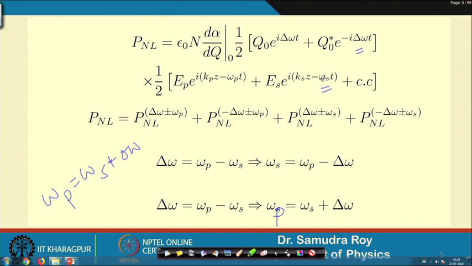And here if I multiply this to this, then I will have a frequency component. So, I need to have a plus sign. So, E s has to be multiplied with Q 0 star, so that this frequency component becomes omega s plus delta omega.